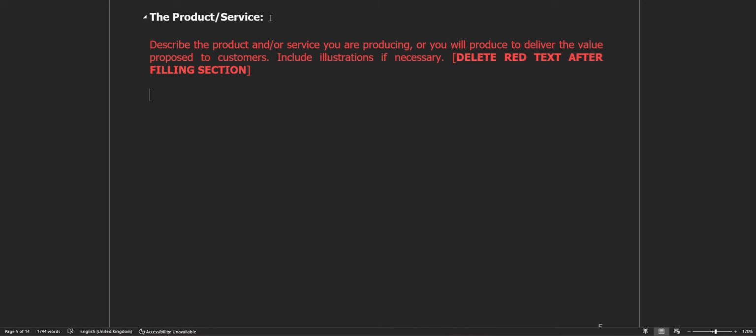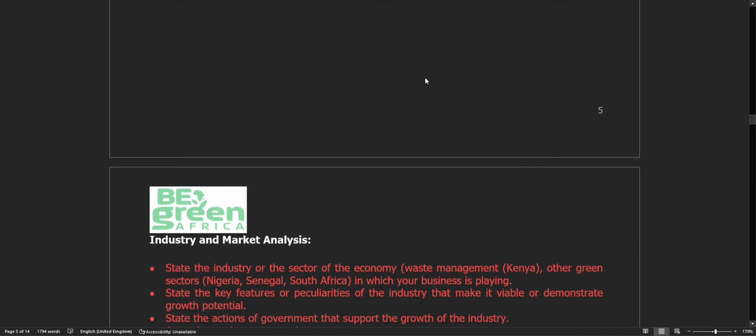I should be able to explain the benefits, and without revealing any proprietary information, convince the investor or the reviewer, let's put it that way, that this product is better, is good, and does not emit the greenhouse gases we are talking about. And yeah, include illustration. Illustration they are talking about here is pictures. If you have any picture, include it there.